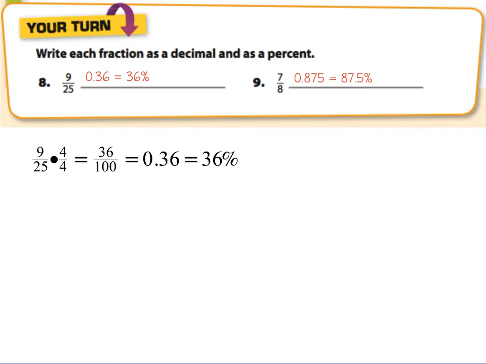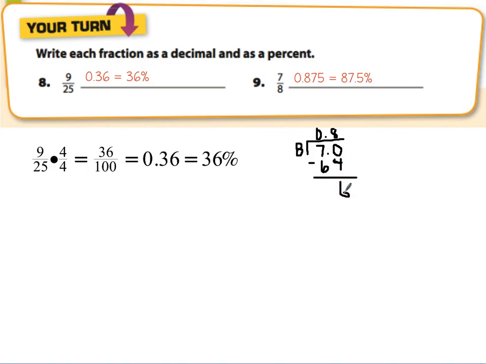Here, I know that I would have to do my long division. So again, 7 would fall on the inside, and 8 would stay on the outside. 8 goes into 7 0 times, add a decimal, and add a 0. 8 goes into 70 8 times, minus 64, because 8 times 8 is 64.